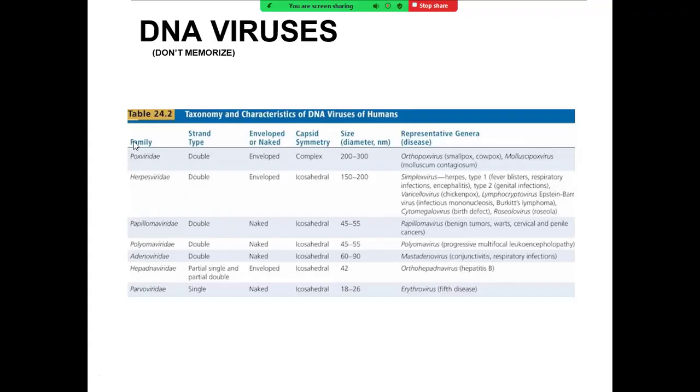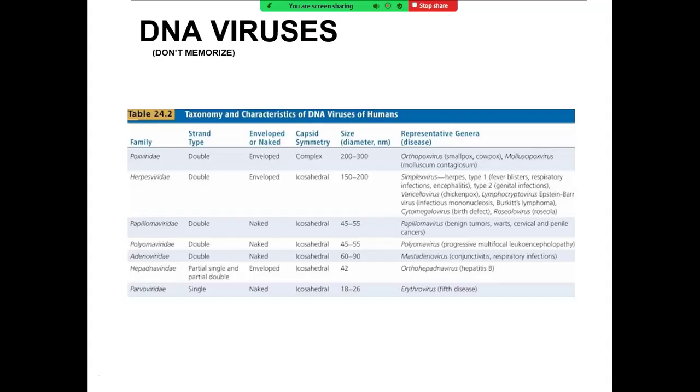Like the poxviridae is the virus family that causes smallpox and cowpox. We won't talk much about it, but molluscum contagiosum also. These diseases are caused by the poxviridae. We've talked a little bit about the herpesviridae. We'll talk about them a little bit further.